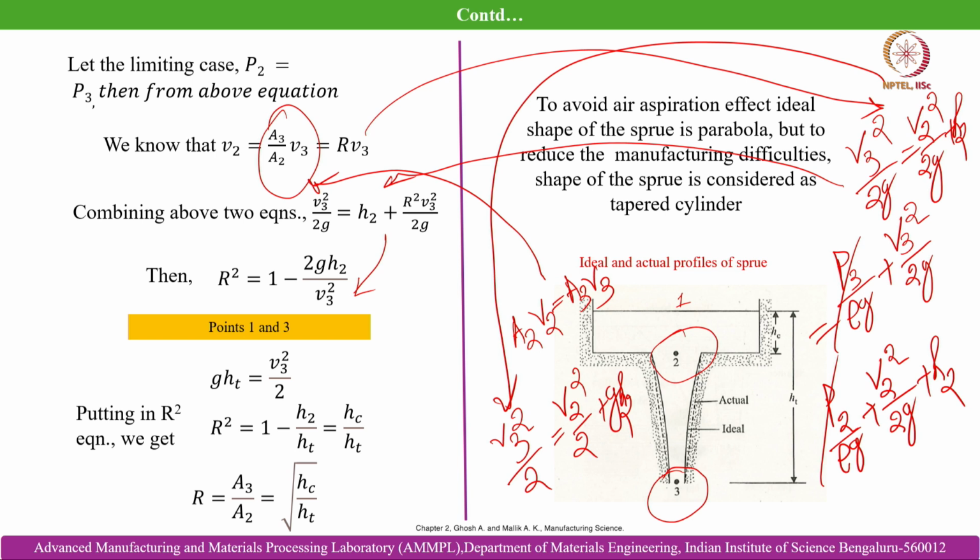Also, at point 1 the head of the metal does not change, so we can assume that V1 is also 0. That means the initial two terms of the Bernoulli's equation cancel out, and point 1 is placed at a height Ht from the reference. So, g Ht is equal to V3 square by 2.